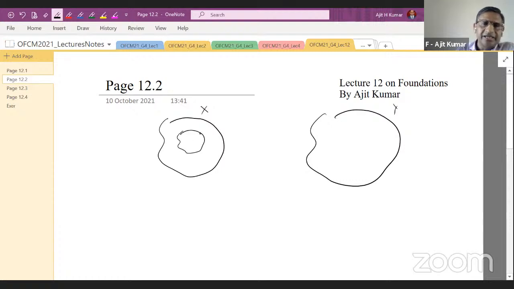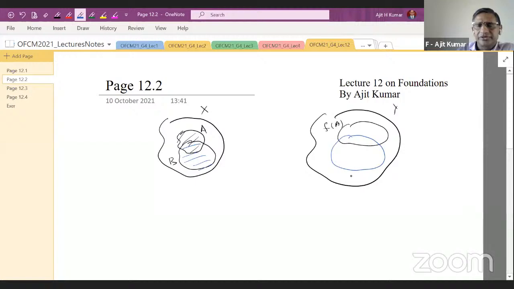One is, let us say, A, and another subset is, let us say, B. I have two subsets. If I look at this A, its image will be somewhere here. This is my f of A. If I look at this B, the image of B will be somewhere here. Let us say this is my f of B.